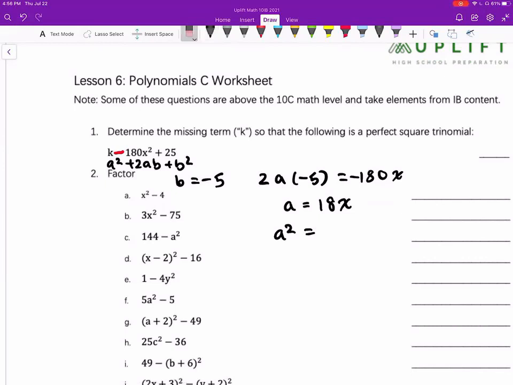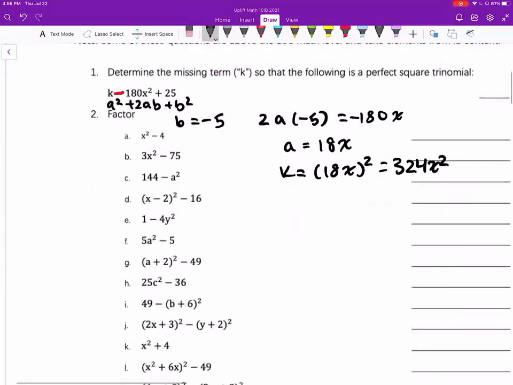I don't know what 18 squared is. Here, 324. 324 x squared. Oh, 324, sorry. It's fine. And yes, K is 324 x squared.